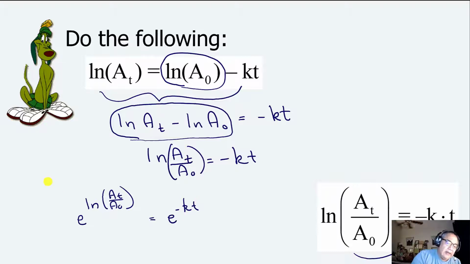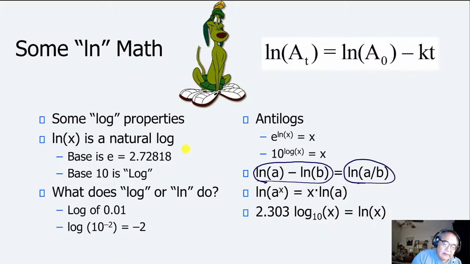Now, what the anti-functions do is they basically remove what you did in the first function. So in other words, this left side just becomes At over A0. Again, I'm trying to show that if you have e to the ln of x, it just becomes x, whatever was in there.